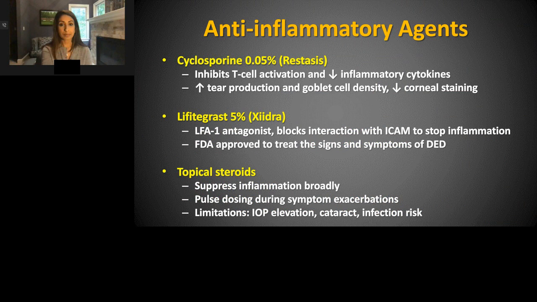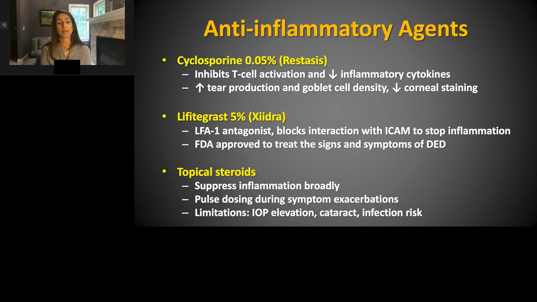So let's talk a little. Treatment categories certainly include anti-inflammatory agents. Here in the U.S., we have access to cyclosporin and lifitegrast, and of course, topical steroids. Generally speaking, if the patient has corneal staining, I have a low threshold to add topical steroids. Topical steroids rapidly help to heal the surface of the eye.